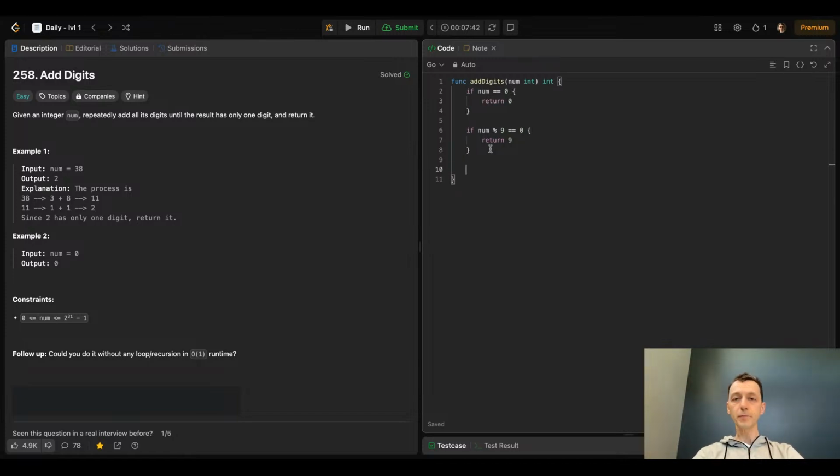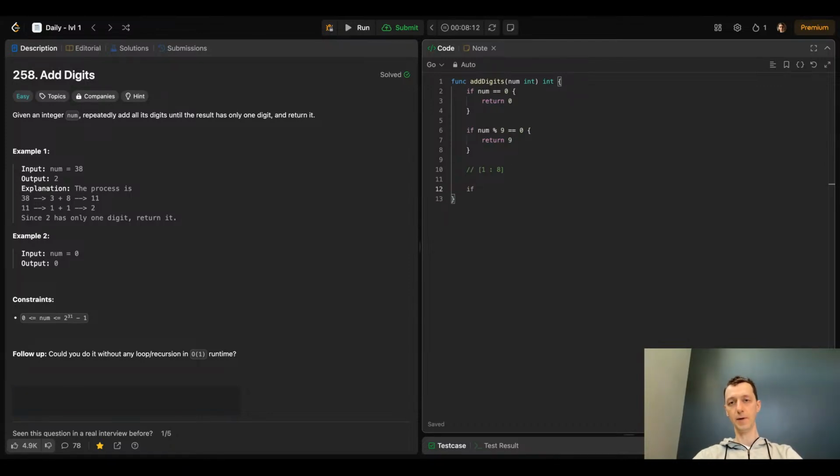Now, so we looked at the 0 case, at the 9 case. What about the other cases? The 1, 2, 3, 4, 5, 6, 7, 8. Yeah, the 1 till 8. What about these? And that's another trick.